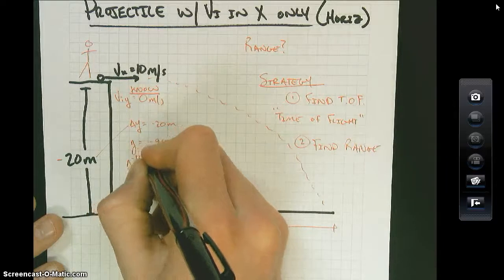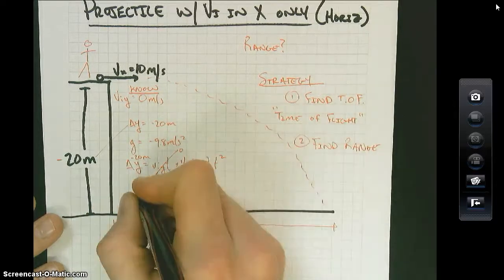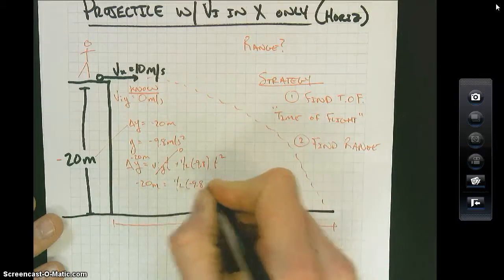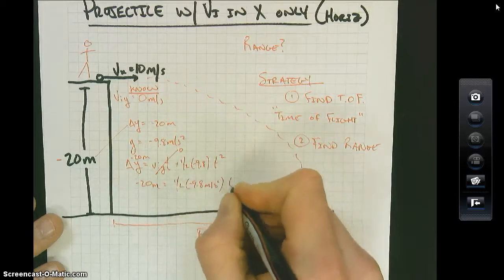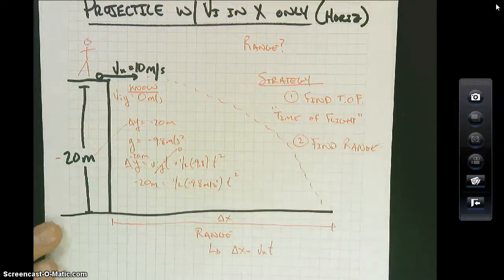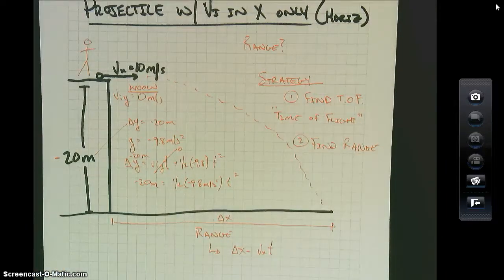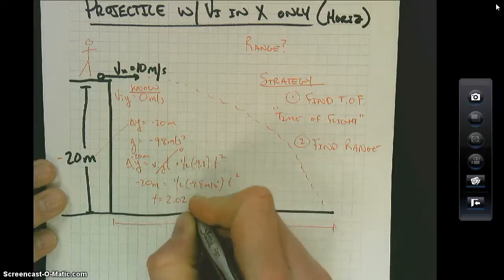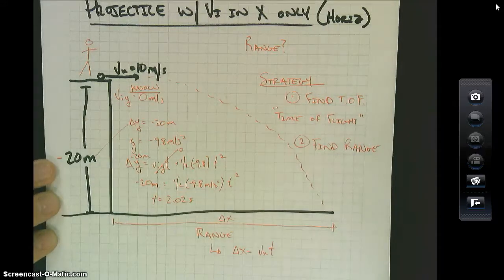And so using that, we get negative 20 meters equal to 1/2 times negative 9.8 meters per second squared times my time squared. Solving for that, we get negative 4.9 on this side times t squared, equals negative 20. And I get 2.02 for my time, so 2.02 seconds.